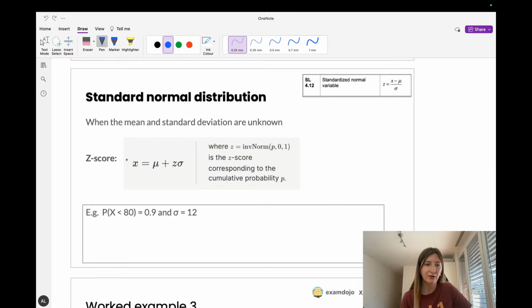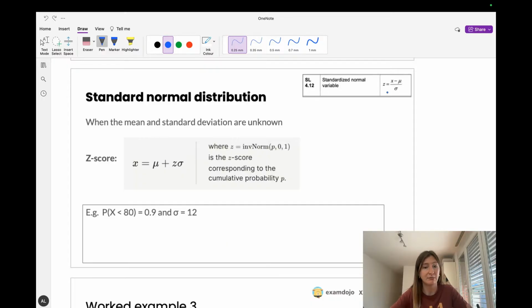Okay, so if they don't give you the mean or the standard deviation, you're going to use something called standard normal distribution. So standard normal distribution is taking something called the Z-score. Remember, we saw this formula at the beginning. And the Z-score and standardizing is a way of making the data more consistent. So you can take any normal distribution and apply, we say standardizing it, give it a Z-score, and that means we can compare it.